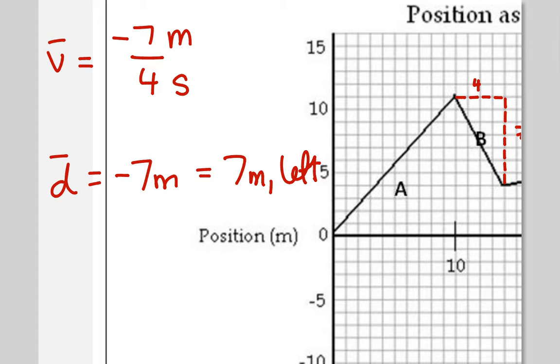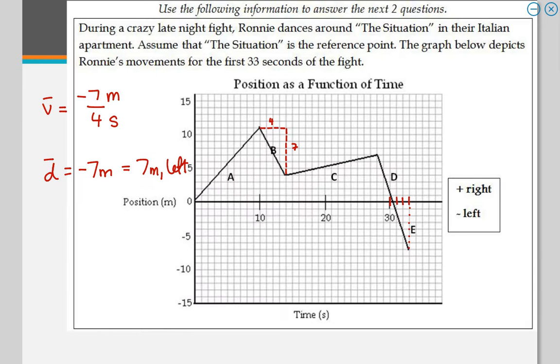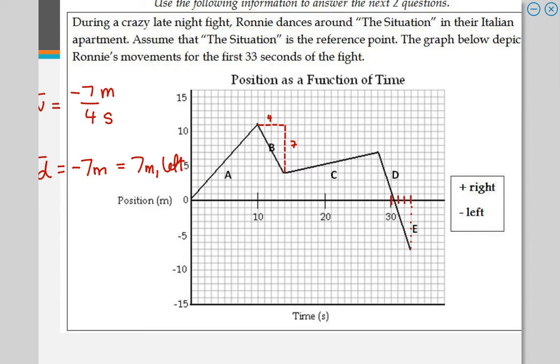Third bullet. During which portions of the graph is Ronnie displaying uniform motion to the right? First of all, is this entire graph uniform motion? Yes. Why?